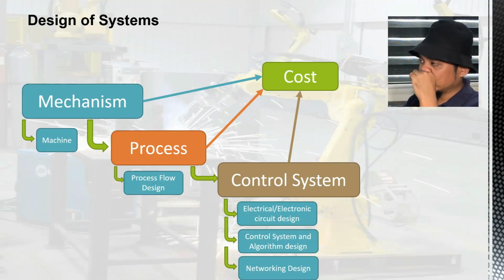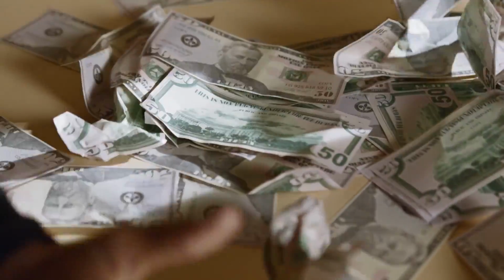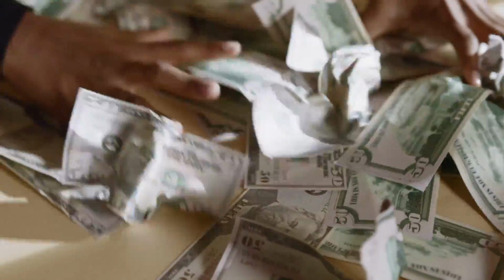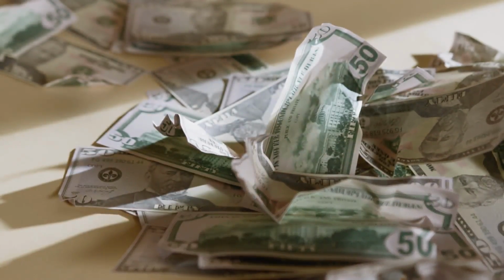When we talk about the mechanism, how complex the mechanism required may cost a lot. And how complex the process is will also cost some money, maybe a lot of money when the process is quite complex.